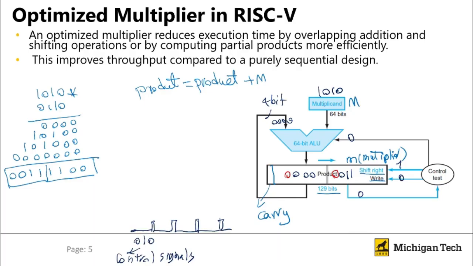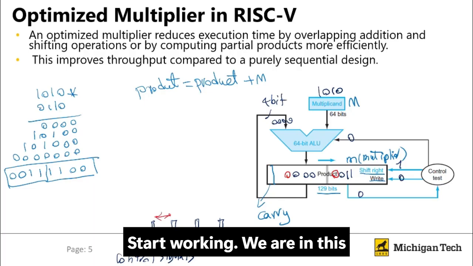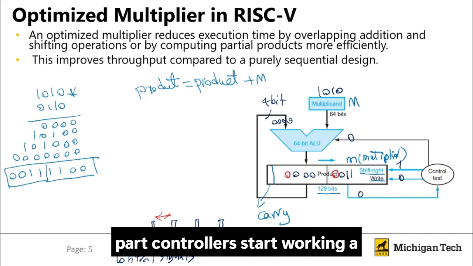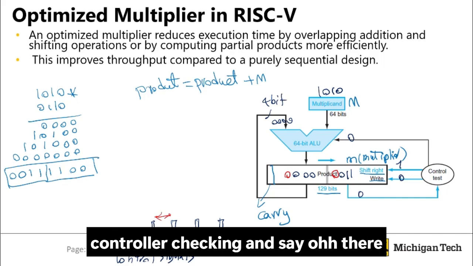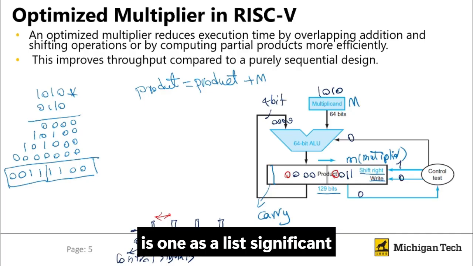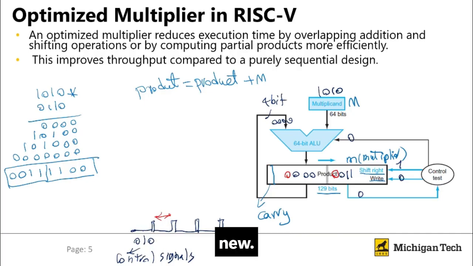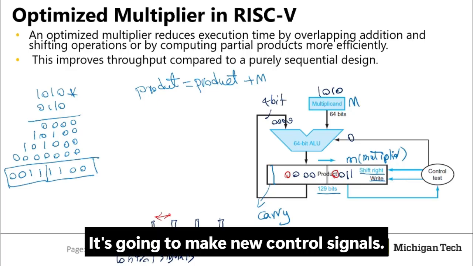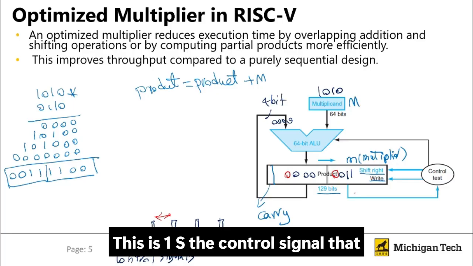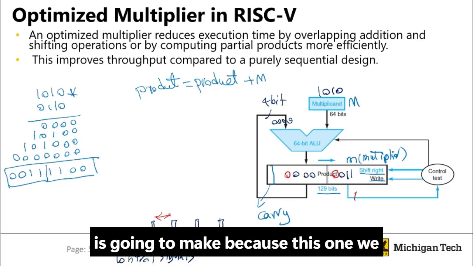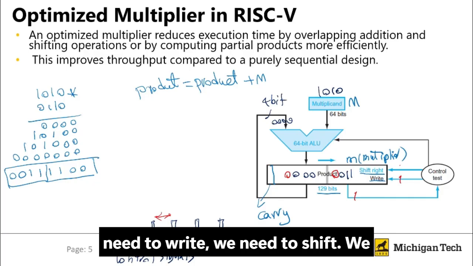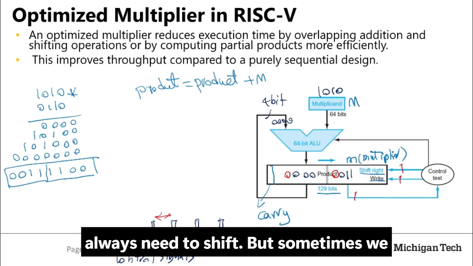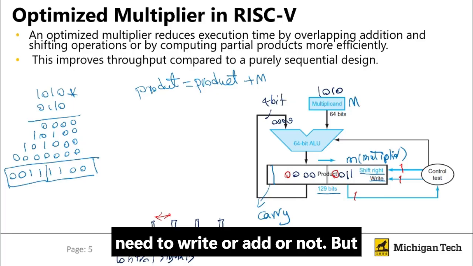The controller still starts working. We are in this part. The controller checks and says, oh, there is 1 as the least significant bit. So it's going to make new control signals. This is one. Because it's one, we need to write and we need to shift. We always need to shift, but sometimes we need to write or add, or not.